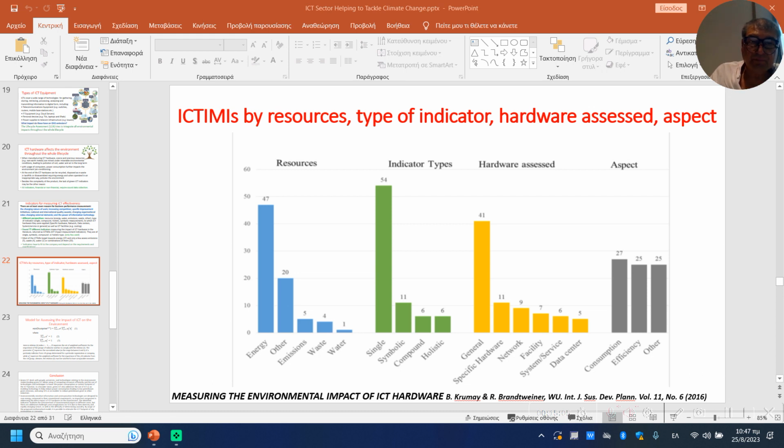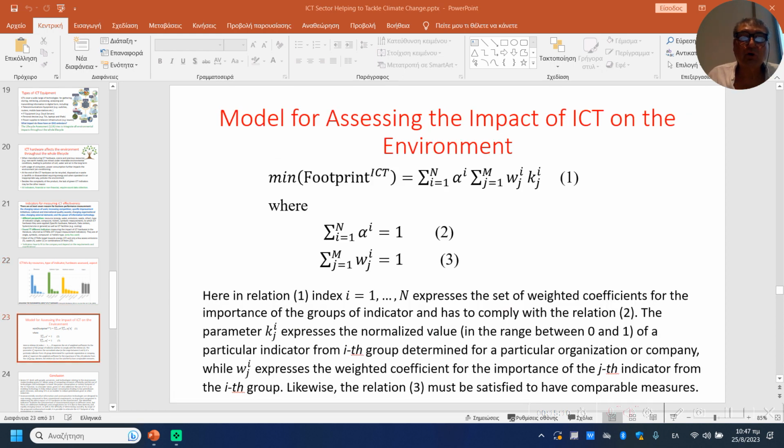Depending on this, our group has built a model for assessing the impact of ICT equipment. It is a proposition of this model. This model actually measures the footprint of these ICTIMs, using the ICTIMs.